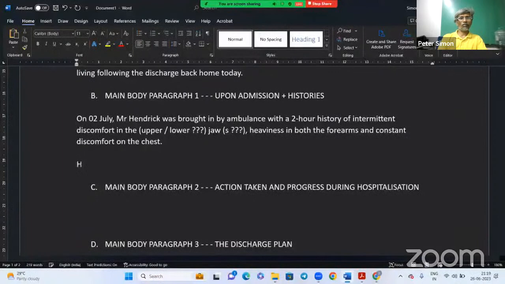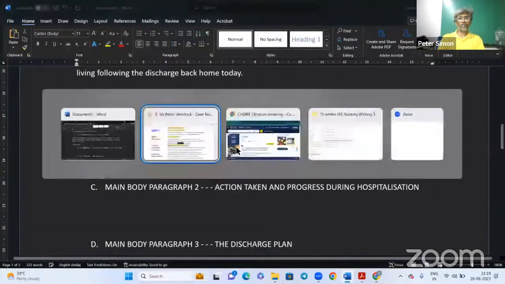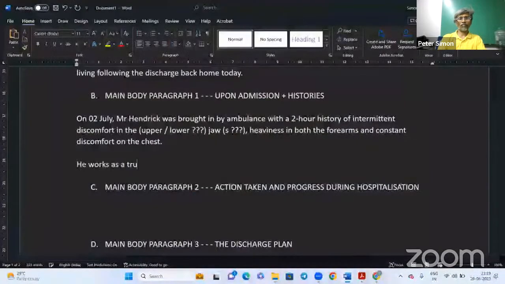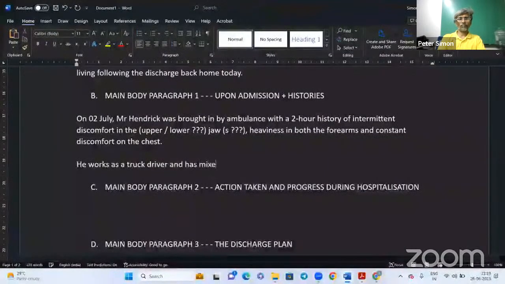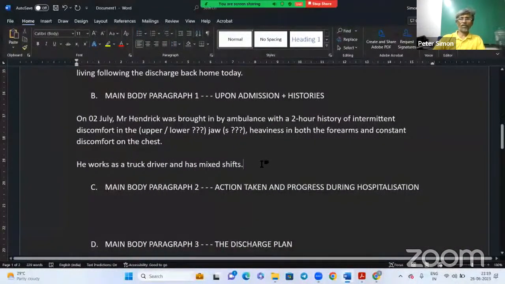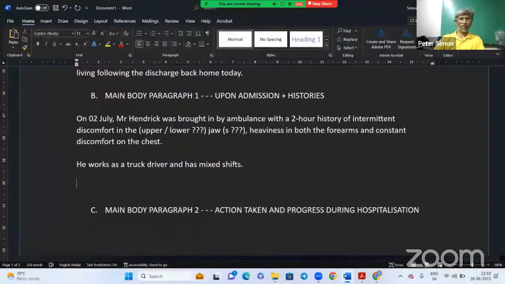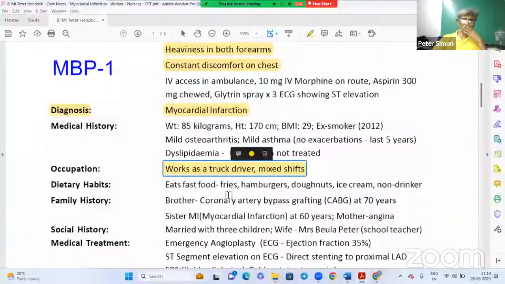He works as a truck driver and has mixed shifts. Since you are writing to the occupational therapist, this information you can write. Then what else can you write?